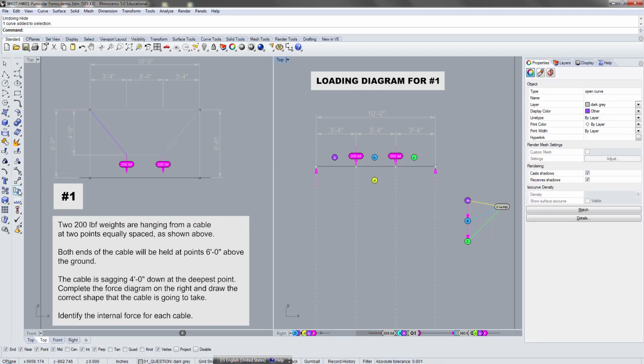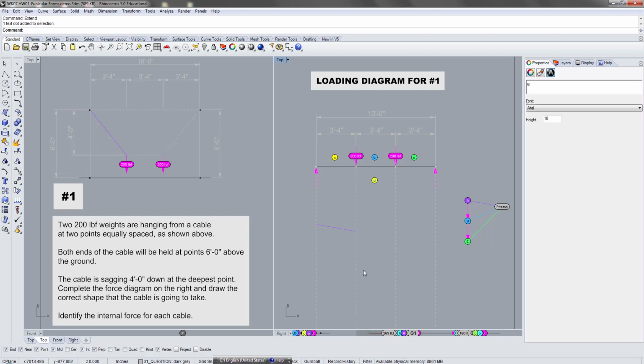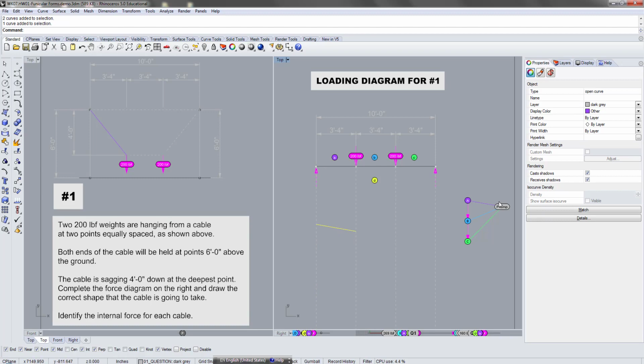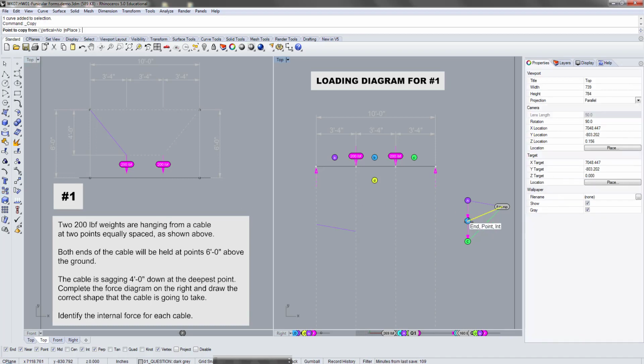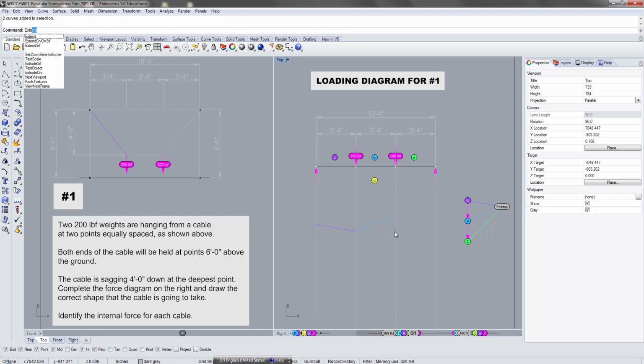Now we are going to start constructing the force polygons underneath the loading diagram. Zone A, which is between these two lines, corresponds to that line A. Line BP is this blue one, corresponding to this zone, which is the blue.